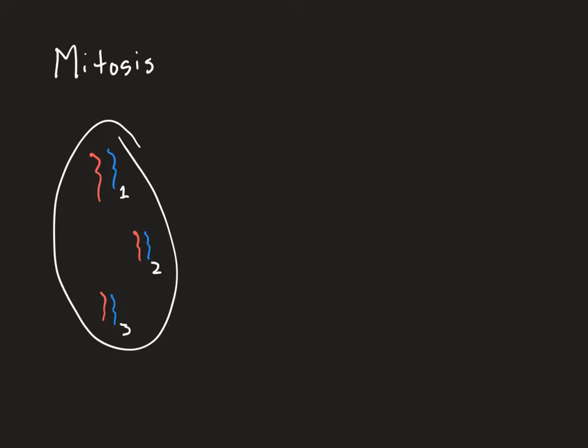And again, this is a diploid organism, so it's got 2 versions of each chromosome type. And so this is a homologous pair.